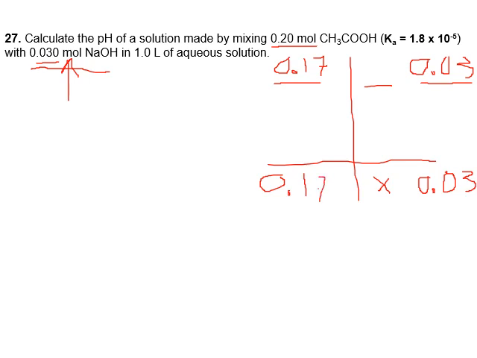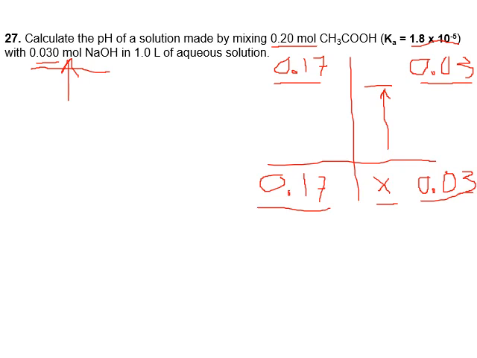We're going to end up with K, which is here, equals 0.03 times X divided by 0.17. Solve for X, and you will have solved for whatever you have here.